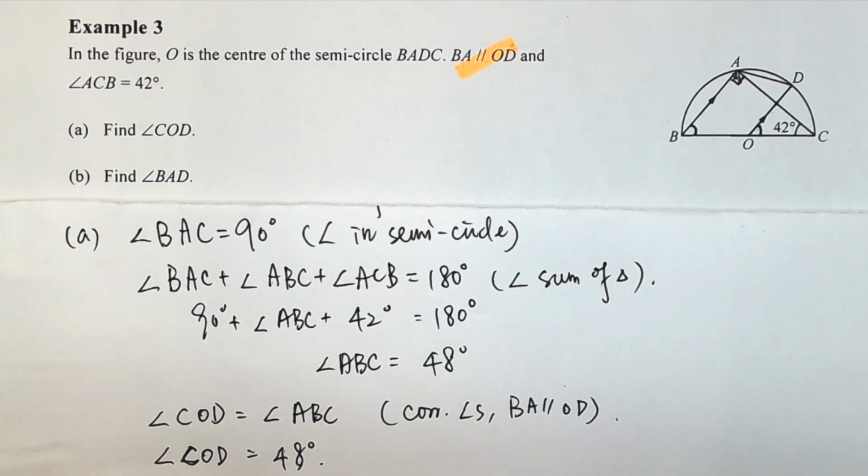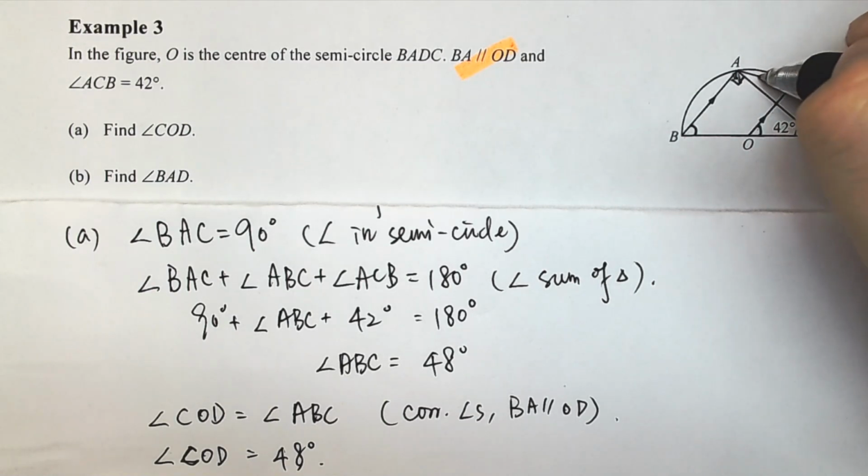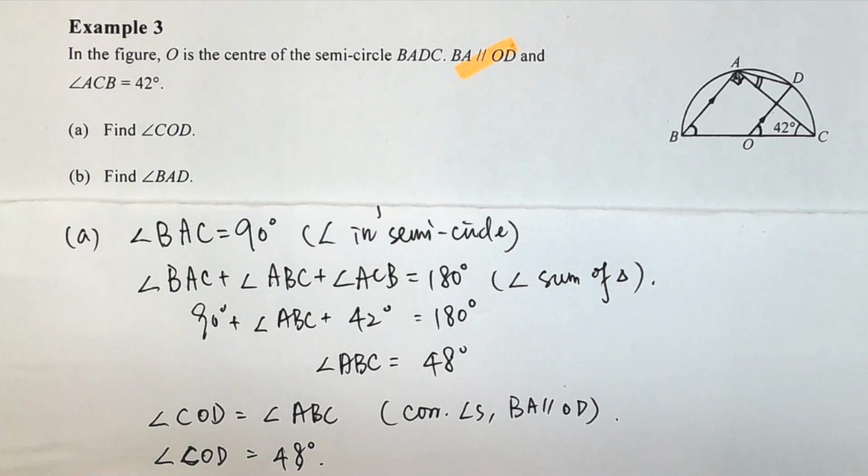Now part B, you need to find angle BAD. BAD is an angle like this. Since we know that angle BAC is 90 degrees already, for angle BAD you may consider it as 90 degrees plus this part, angle CAD.